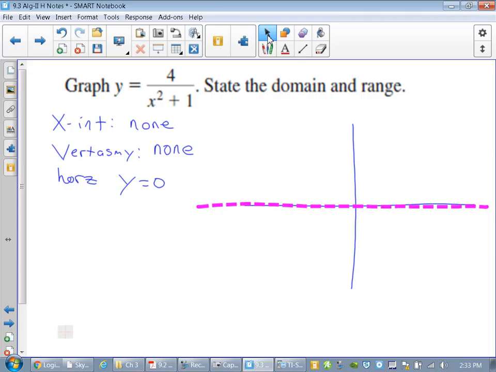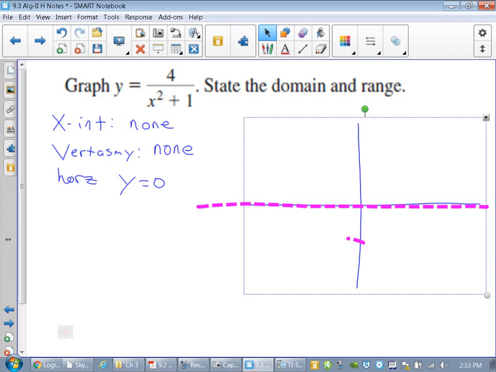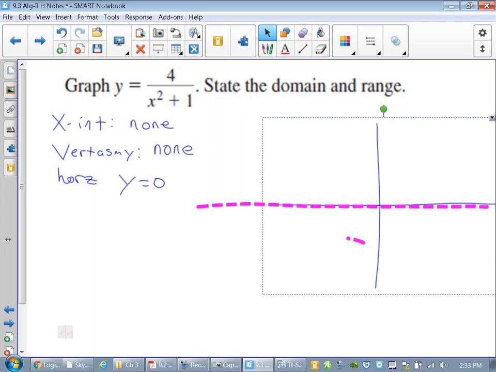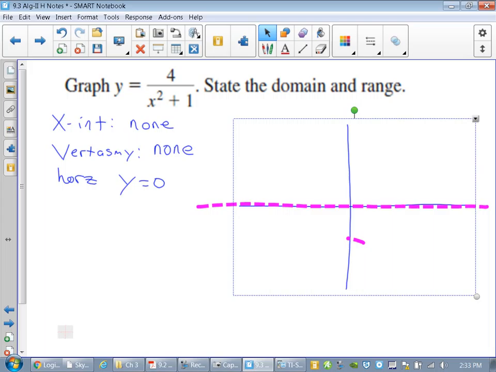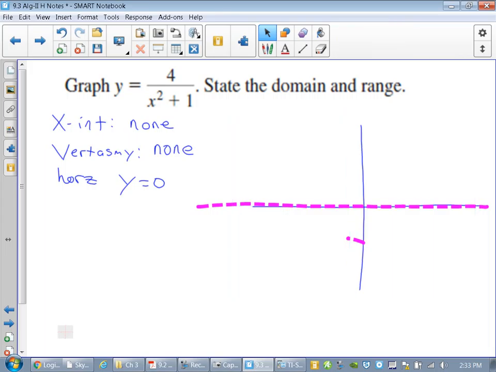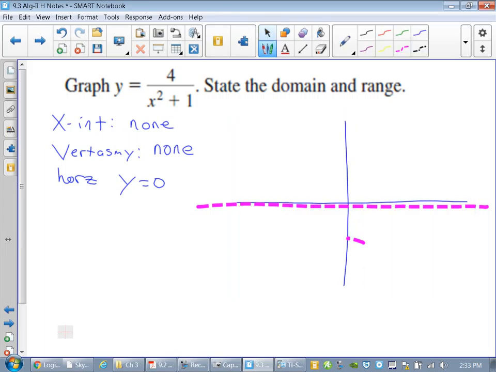Everybody okay with that? The y-intercept's 4 because I just substituted in 0 for x. So I know my y-intercept's at 4.